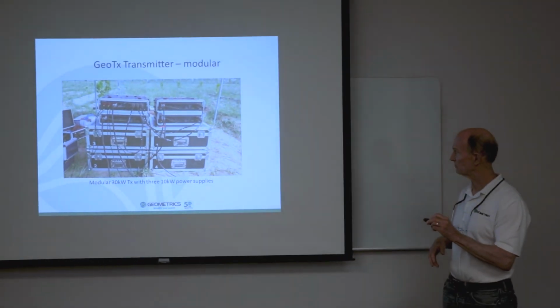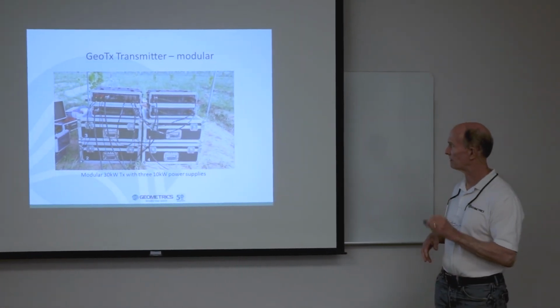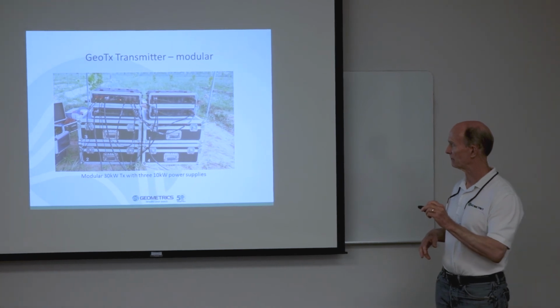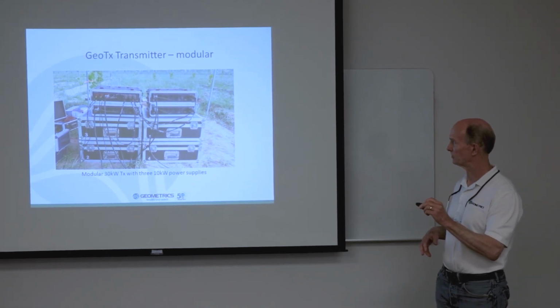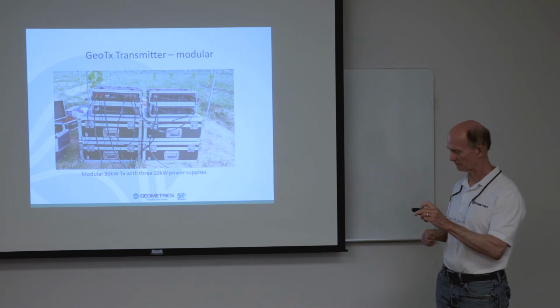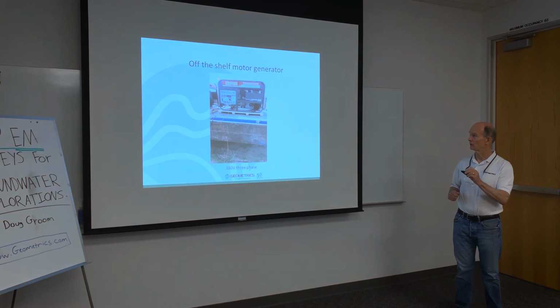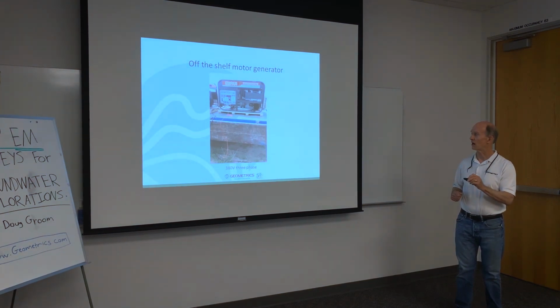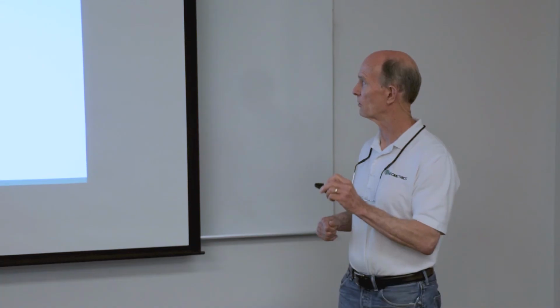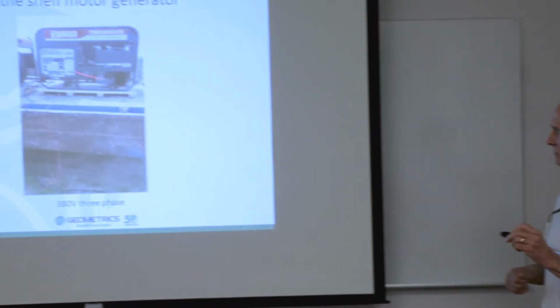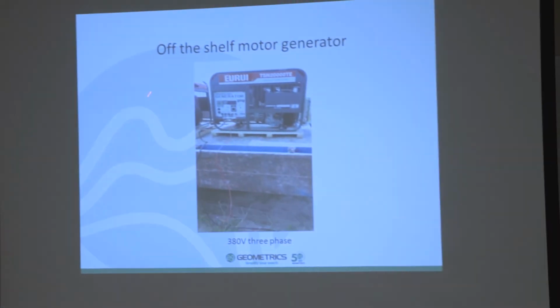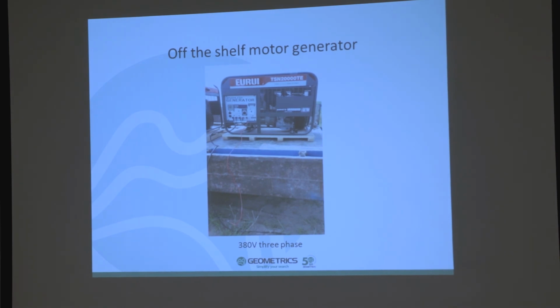Each one of these modules is a 10 kilowatt power supply. These power supplies are feeding into a switcher that generates the frequencies that we're using, and the switcher is connected to the dipoles that are putting that current into the ground. And as a power source, we were simply using an off-the-shelf motor generator. I believe it is a 15 kilowatt motor generator, so we were actually using 2 at the same time.